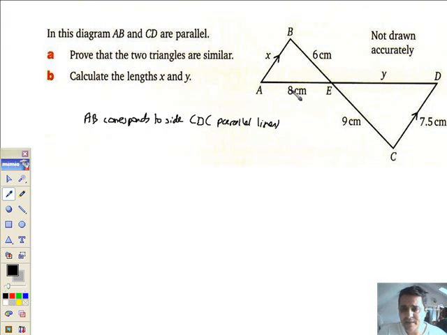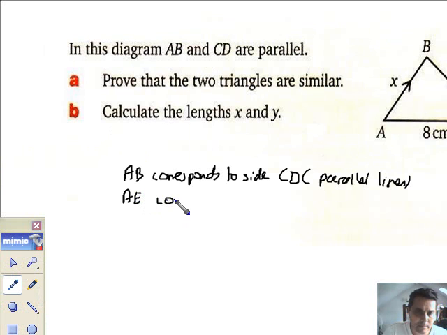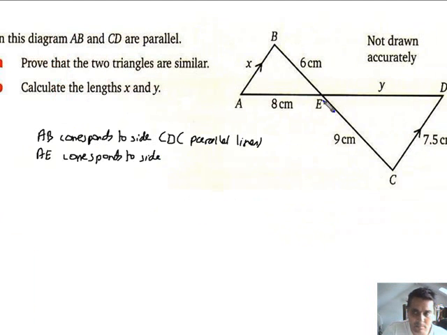I also want to say that AE corresponds to side ED. So AE, ED, and so I've got 2 out of 2, and finally that BE corresponds to EC.